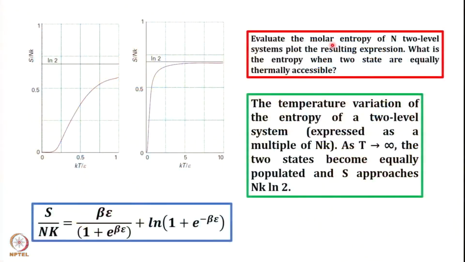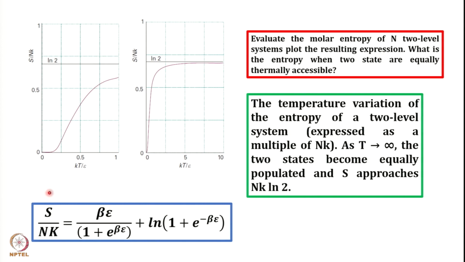So therefore, internal energy and entropy can be directly connected. In the previous tutorial session, we talked about evaluating the molar entropy of N two-level systems, and we were also asked to plot the resulting expression. First, let us discuss that.